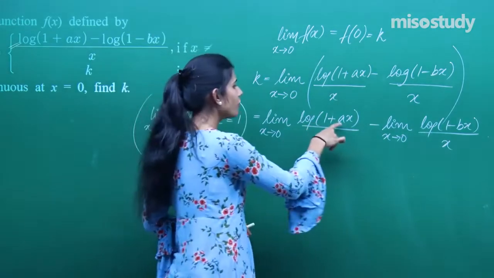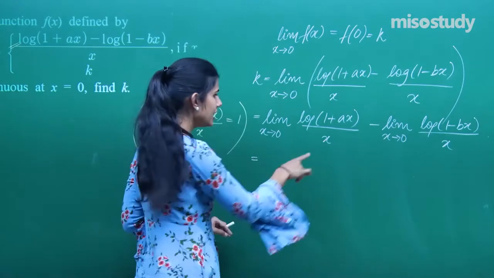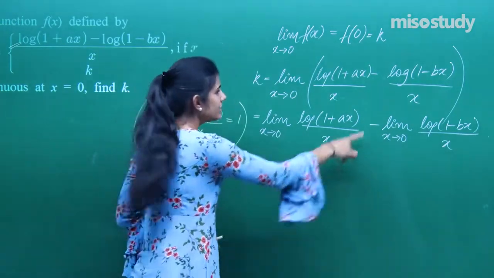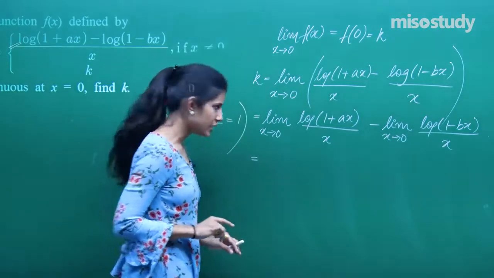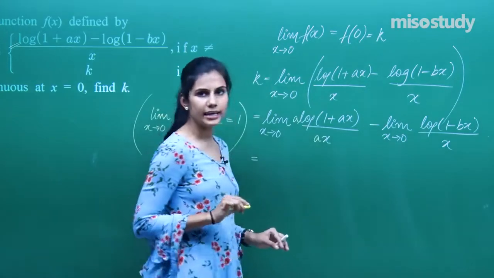Here I have log of 1 plus ax, not x. So the argument is not x, it is ax. I need the same thing in the denominator, and the same thing should tend to 0, then this entire limit will approach 1. So in order to build that, I multiply and divide by a.